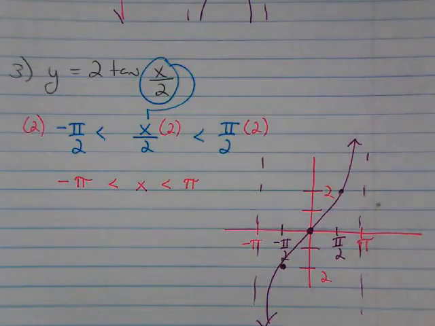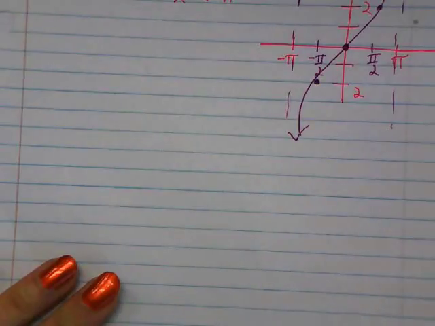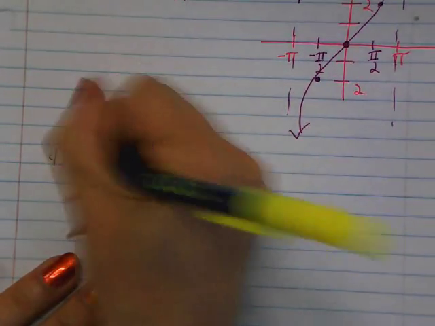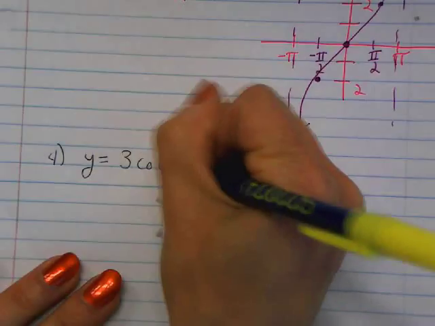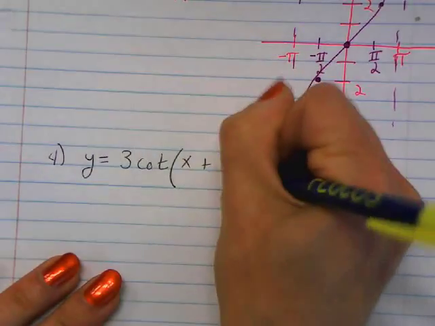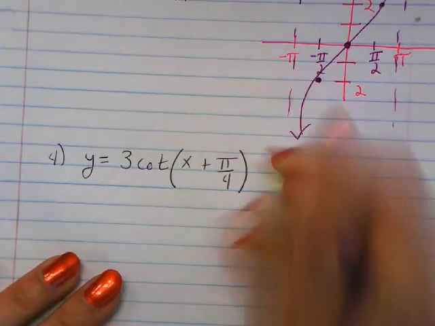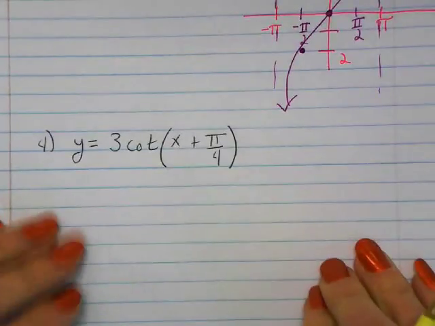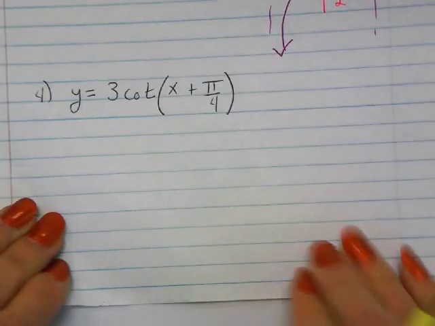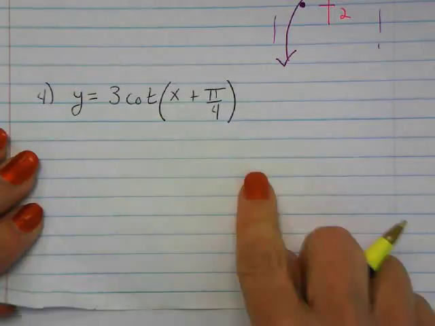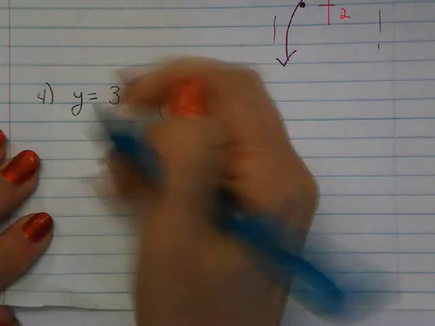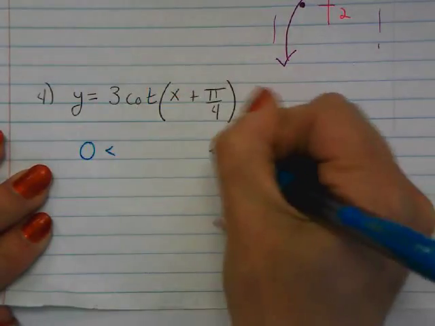Alright, last one I'm going to walk you through is a cotangent. So I want 3 cotangent of x plus pi over 4. Now, cotangent is going to be just like tangent, except my limits are not negative pi over 2 and pi over 2, but they are 0 and pi.